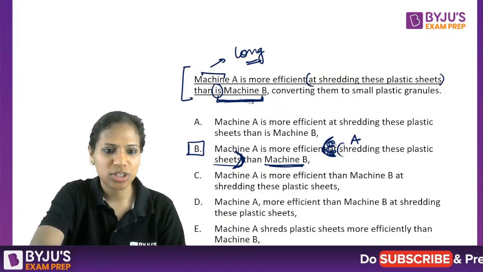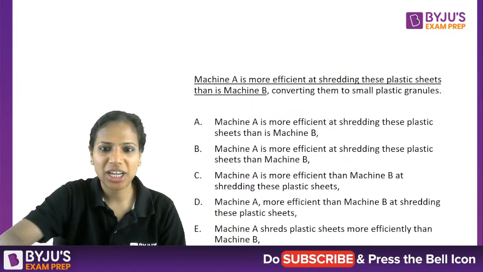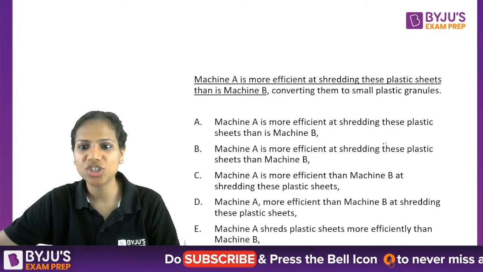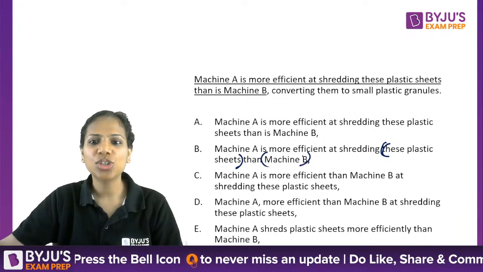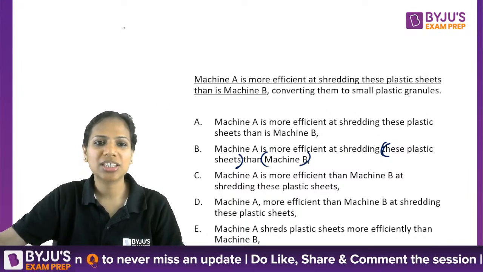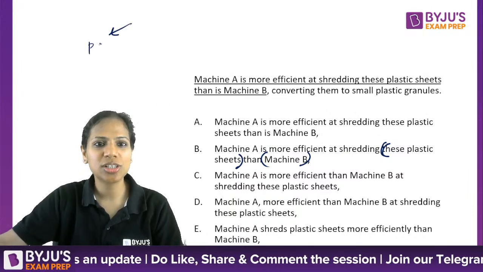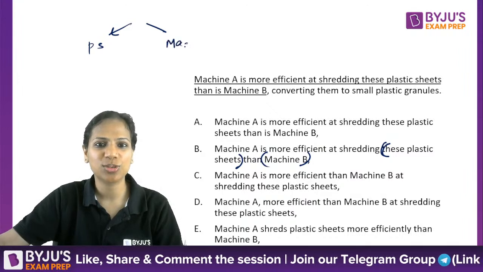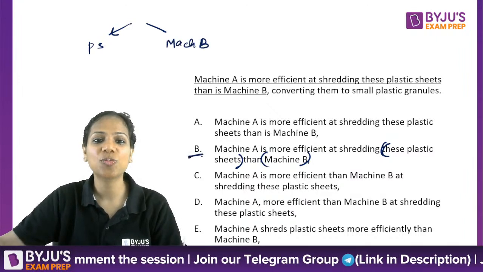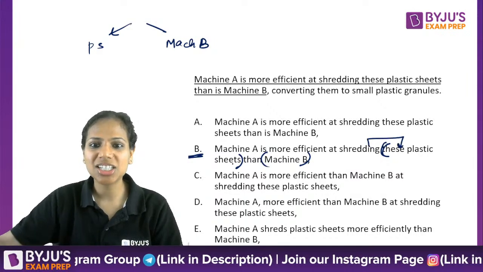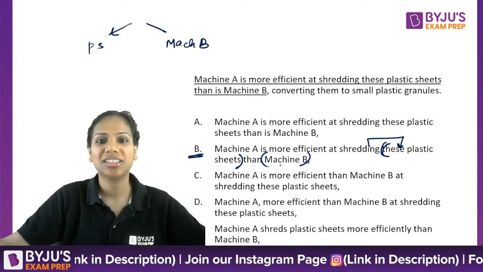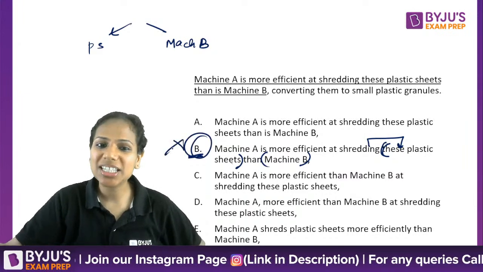Just a second, sorry, I've placed the brackets incorrectly. Machine A is more efficient at shredding these plastic sheets than machine B. So that means machine A can do two things. It can shred these plastic sheets also, and it can shred machine B also. That's the impression that option B actually gives. So machine A is more efficient at shredding these plastic sheets than shredding machine B. That's the meaning of B, and it's absolutely incorrect.